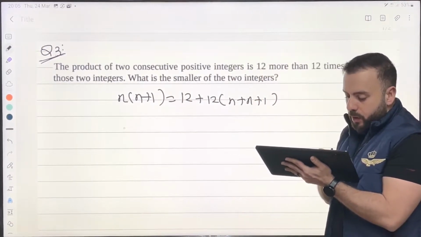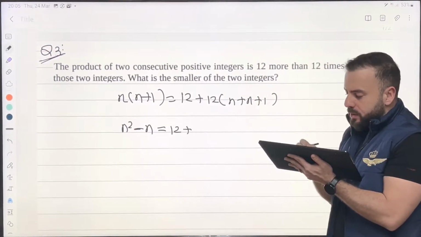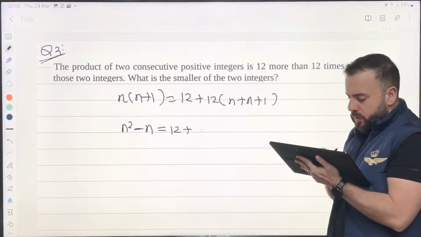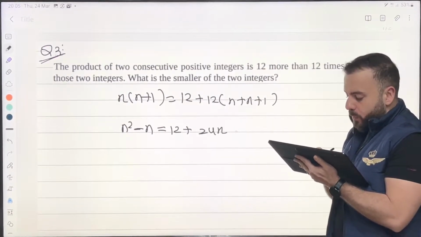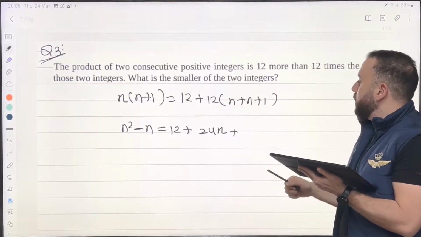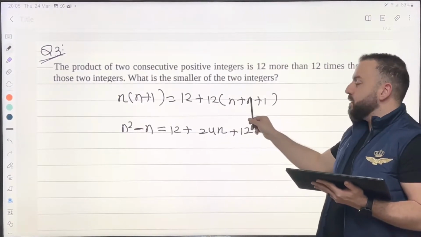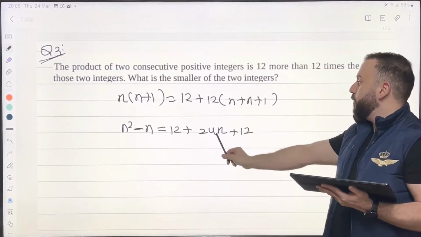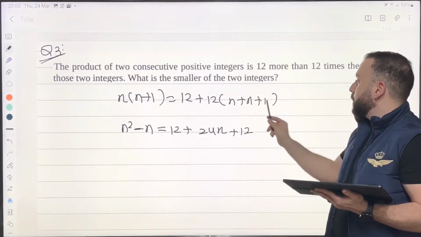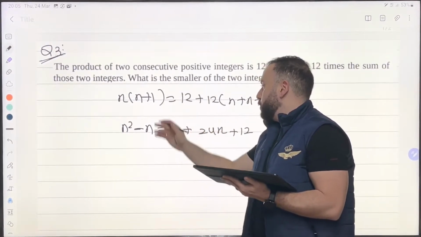So let's just do first, second. That's going to be n squared minus n is equal to 12 plus 12n plus n, 2n, which means 24n, okay, plus 12 times 1, okay, that's going to be equal to 12. So again, n plus n, 2n, 2n multiply 12, okay, which is 24n, plus what? 12. Now, as usual, we shift everything to left.